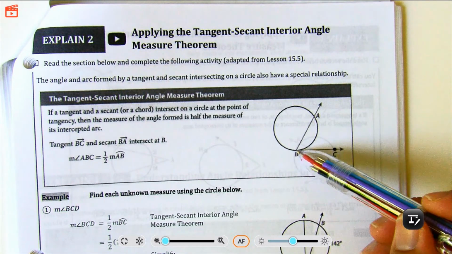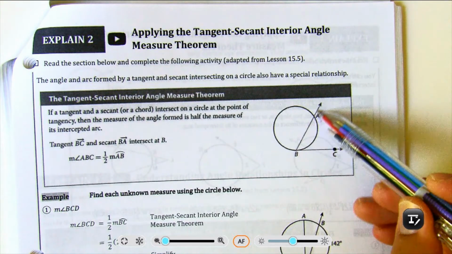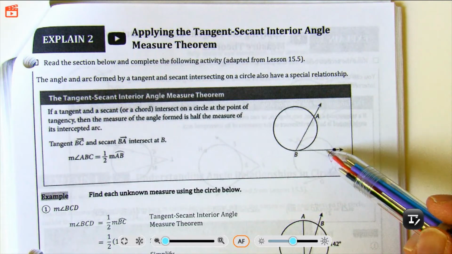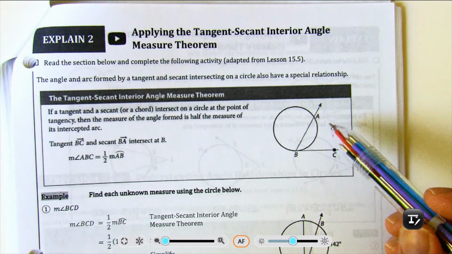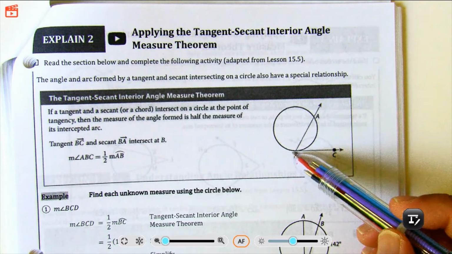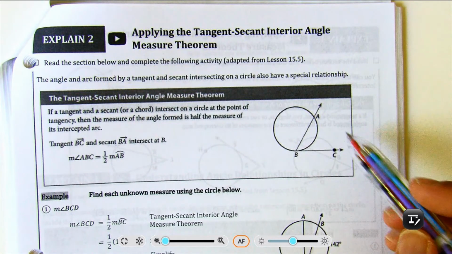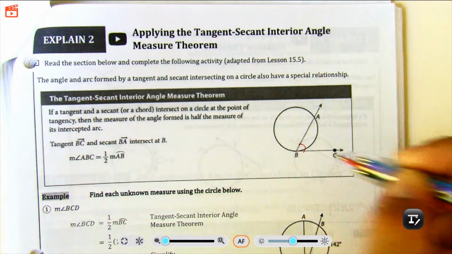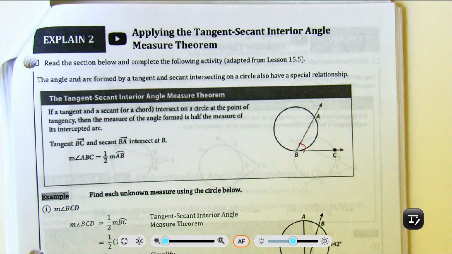And what we're trying to find out is the interior angle that is formed from a secant and tangent segment. So we're trying to find out what angle ABC is, which is this angle here. Now this formula is pretty straightforward in that we just need to find out what arc AB is to find angle ABC. So we take half of arc AB.